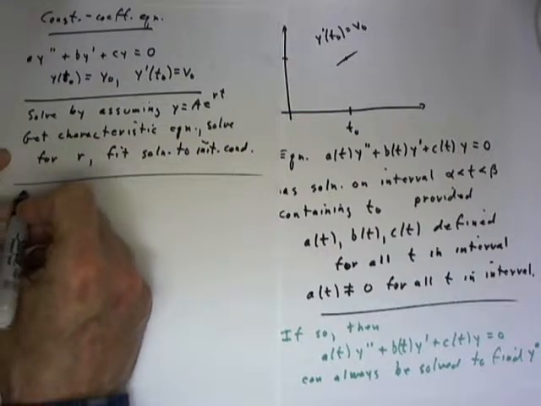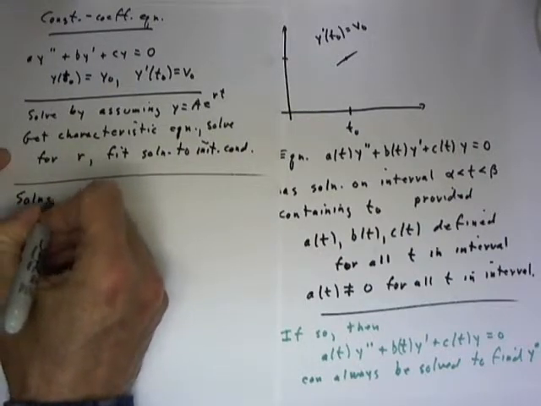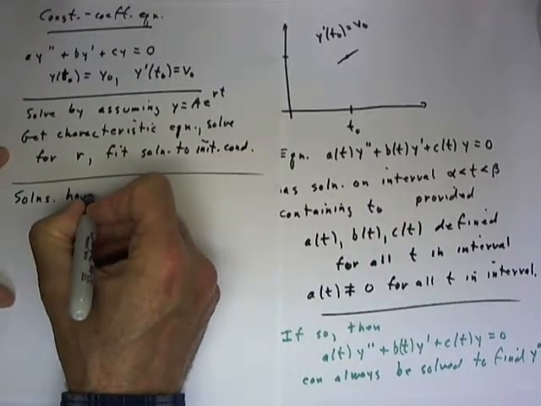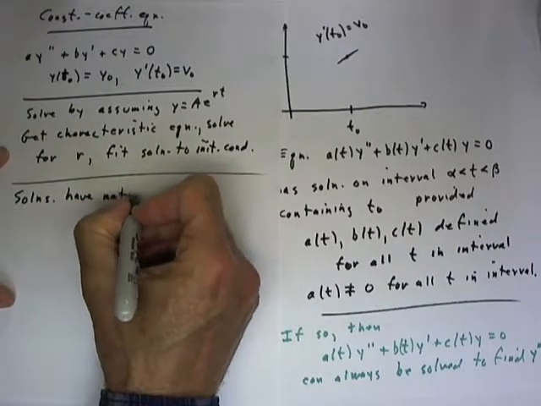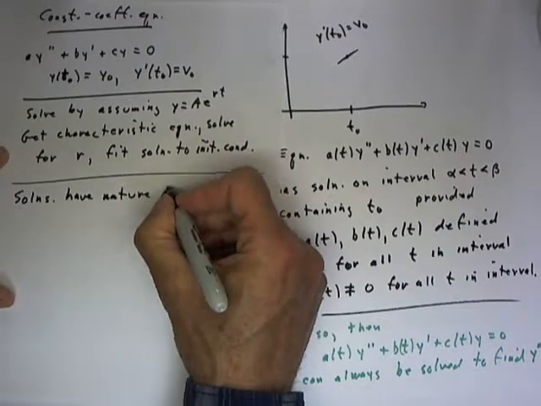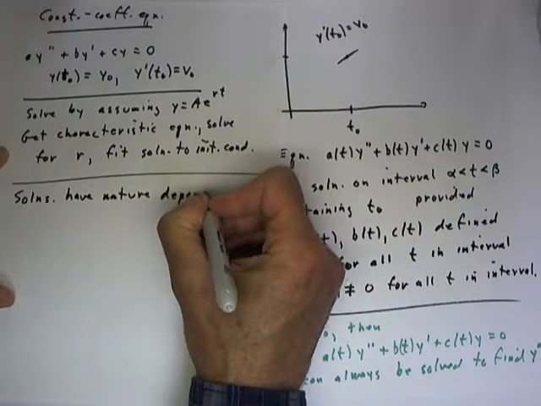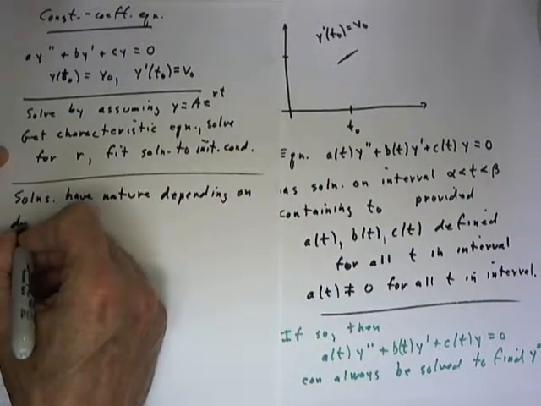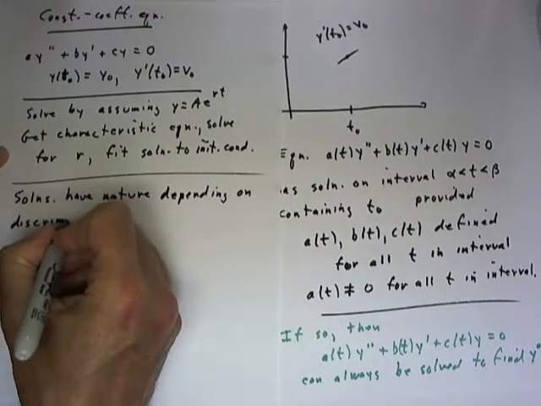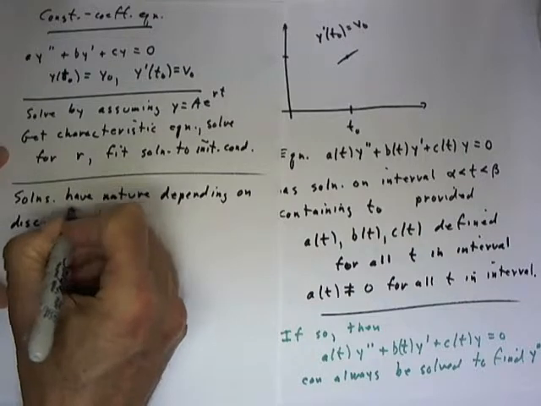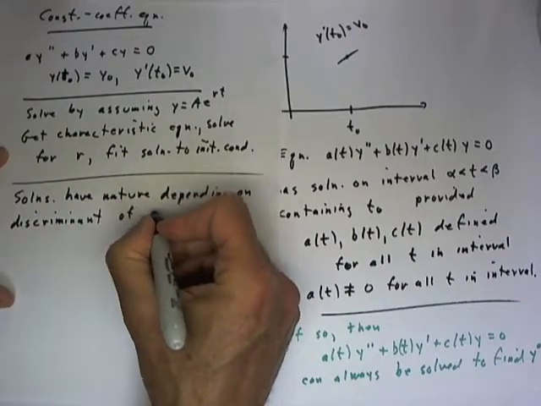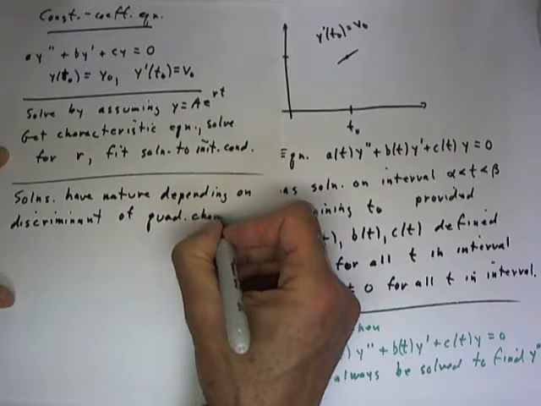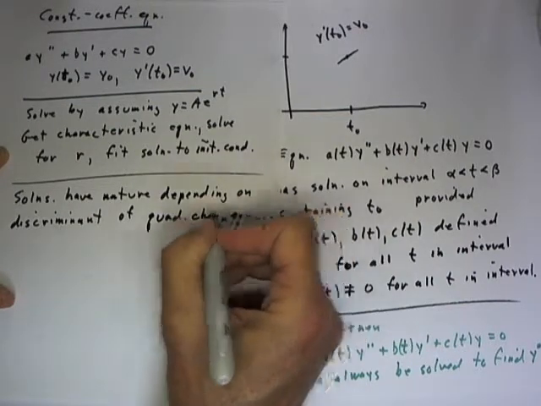And these solutions have a nature that depends on the discriminant of the quadratic characteristic equation.